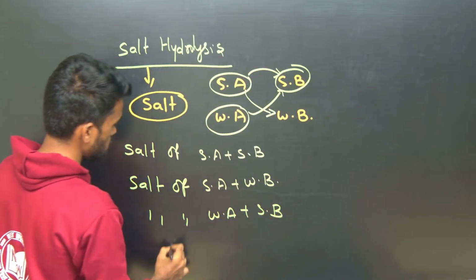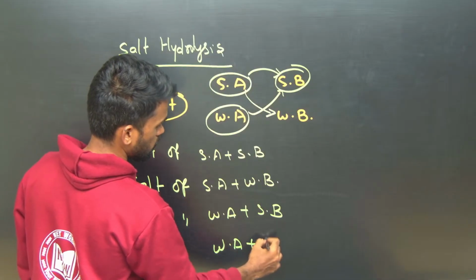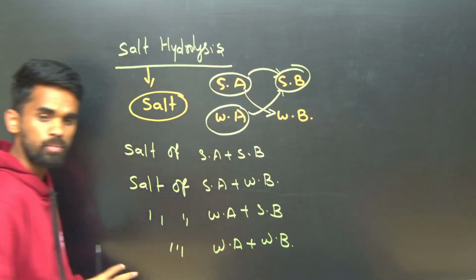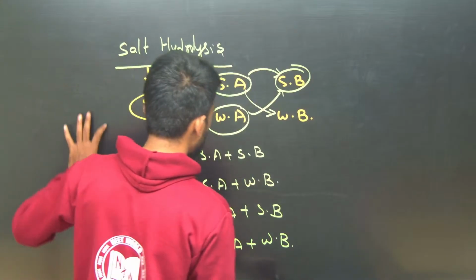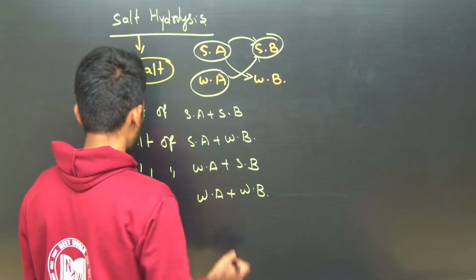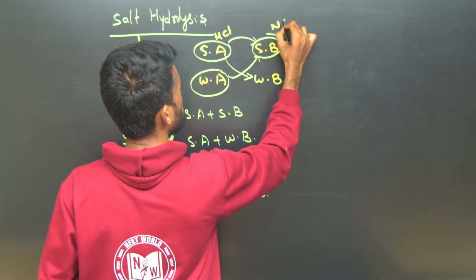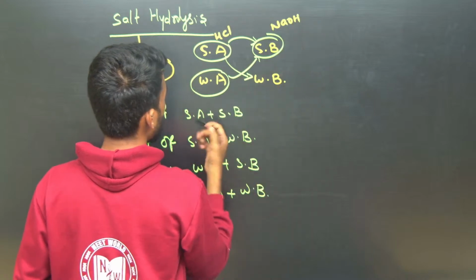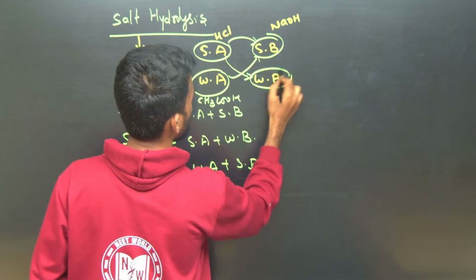Next, salt of weak acid plus a weak base. These are the 4 combinations possible. Okay, so give an example for each of these. I am taking strong acid HCl, strong base NaOH, weak acid acetic acid, and weak base ammonium hydroxide.